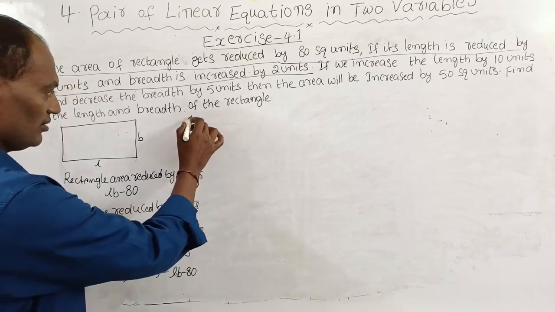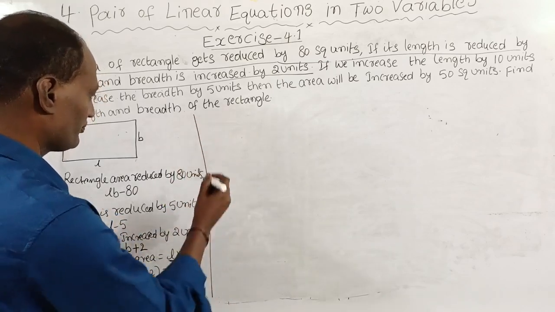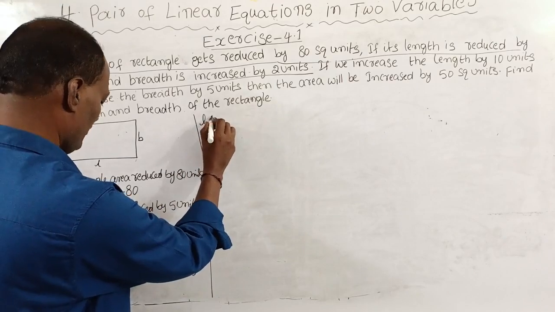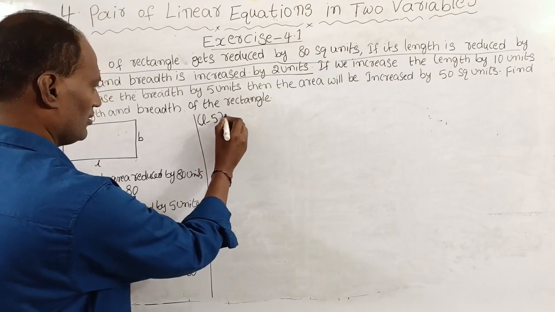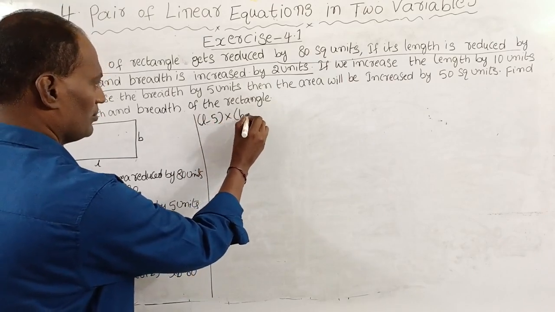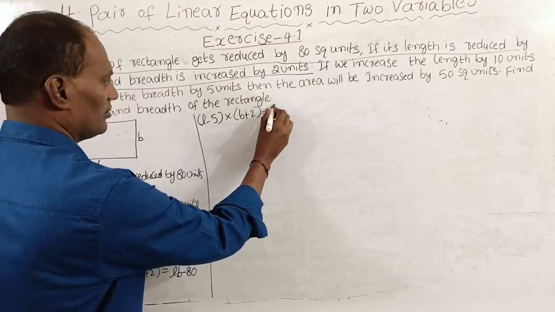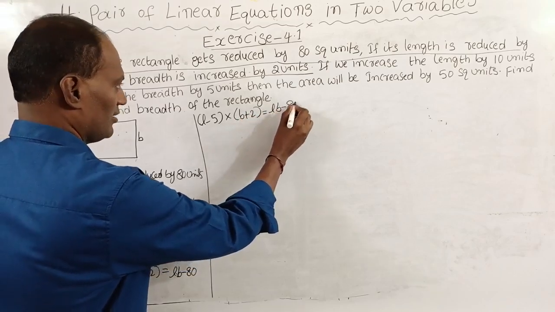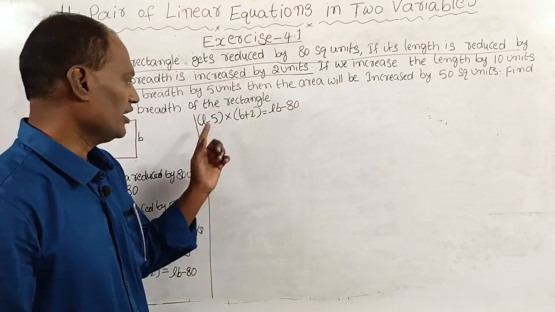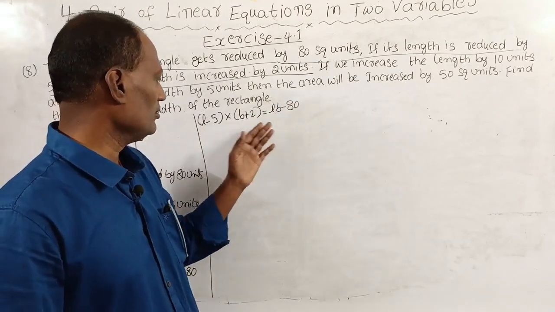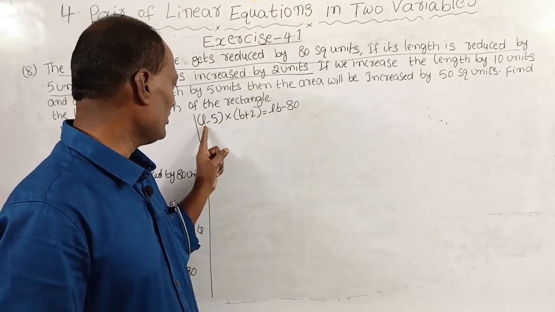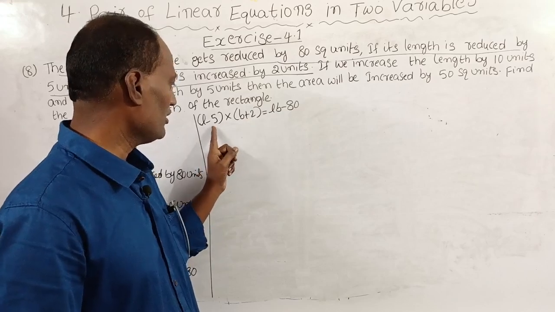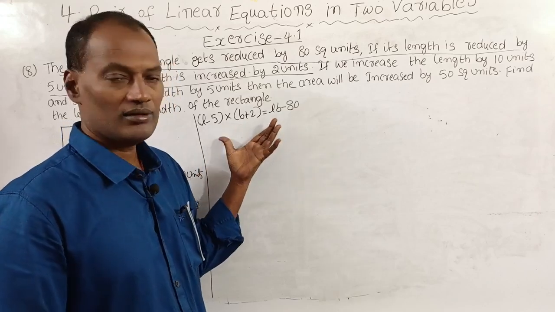We'll solve the question. L minus 5 into B plus 2 equals LB minus 80. It means we have to multiply. We multiply L with both terms and minus 5 with both terms, and simplify this equation.